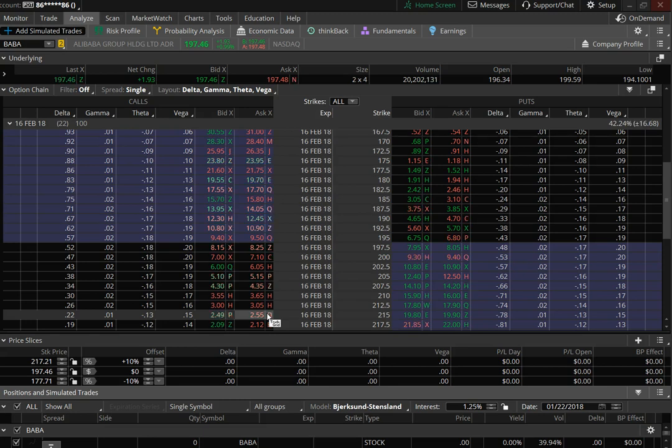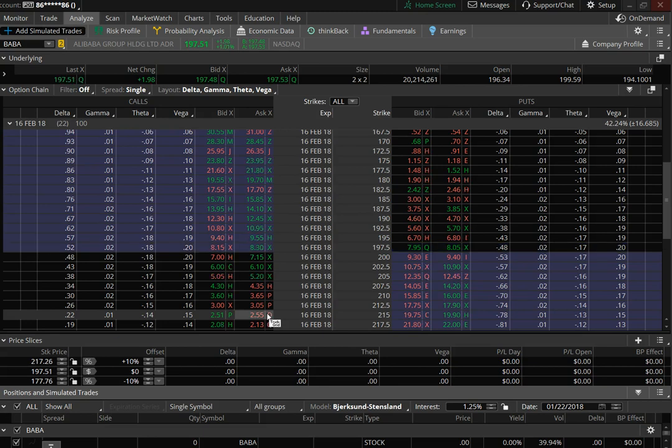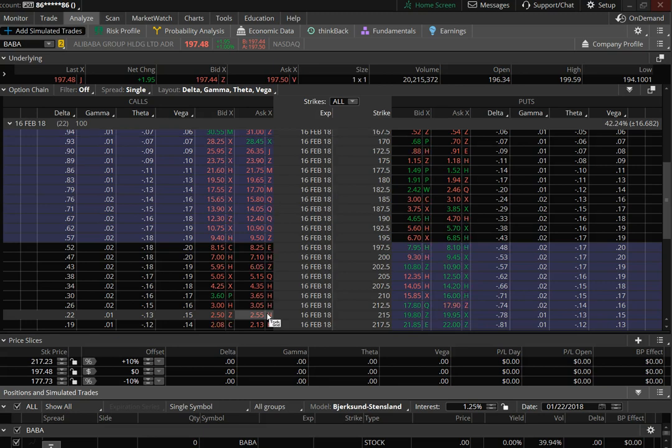So 215 plus 2.55, this thing has to move to 217.50 before you even make a dime. Now, let's think about that. 215, 217, and we're at 197. That's 20 points. What is the market implying our move is going to be?